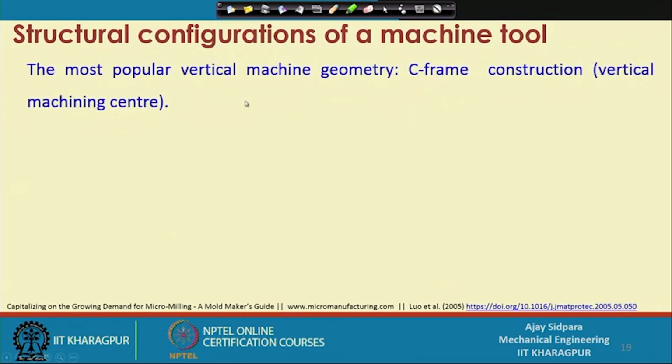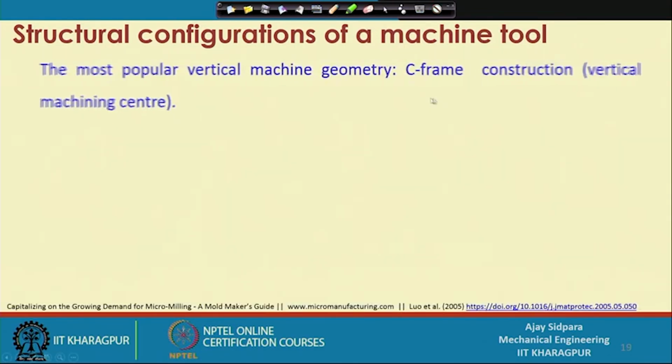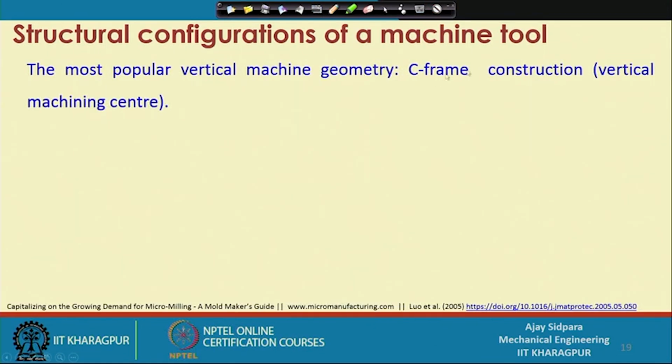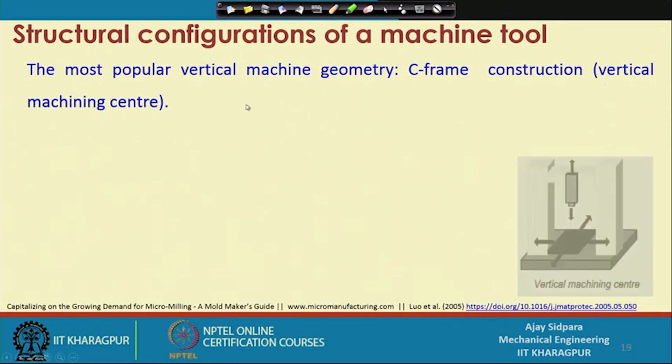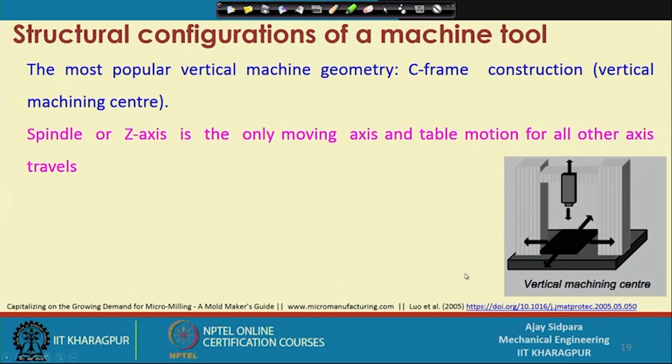Now, which one is better? This particular one is much better, that is, this is called the vertical machining center, or it is called the C axis type. Why is it so? Let us see. So, the most popular construction is this C frame construction or the vertical machining center. Why is it so? What is the advantage here?